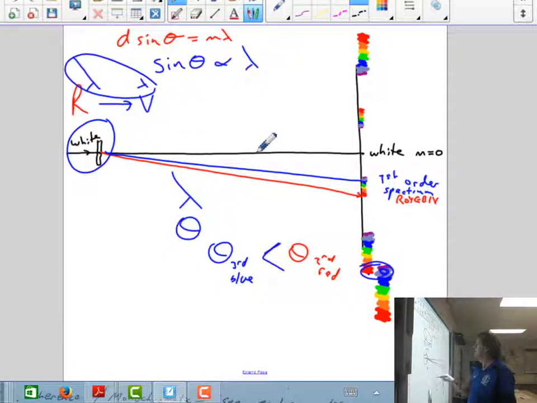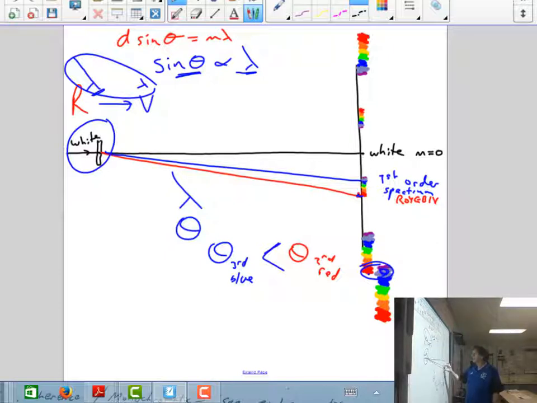So if you imagine red light first of all, it's got a large wavelength, so it's going to go to a larger sine angle, or a larger angle. So it's out here somewhere. Obviously each wavelength alongside that is slightly smaller, so the angle's smaller. So you'll get a perfect spectrum here from red all the way through to violet, Roy G. Biv in reverse. That's because the maxima are sharp, and for each wavelength you get a different angle. In the middle you'll get white light because all of them are at a maximum here.